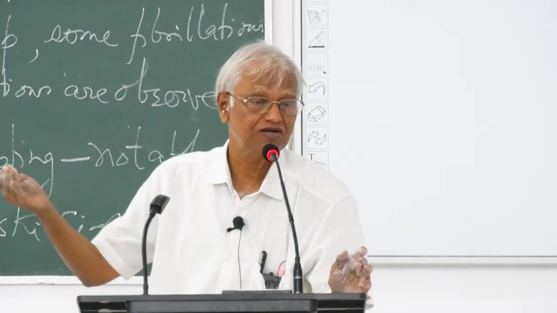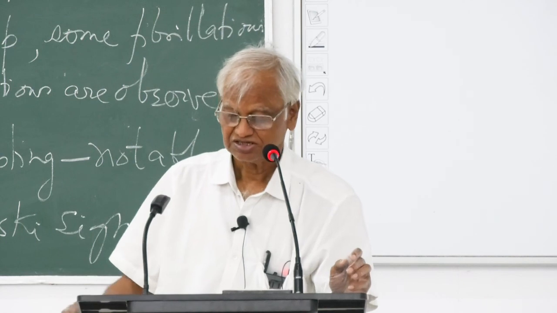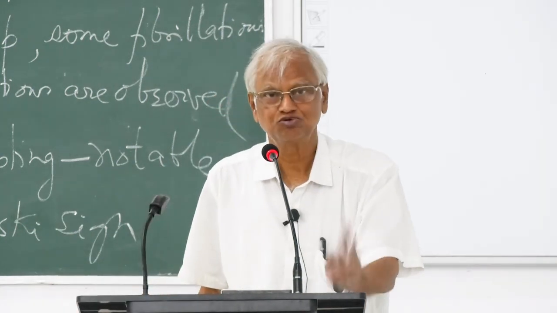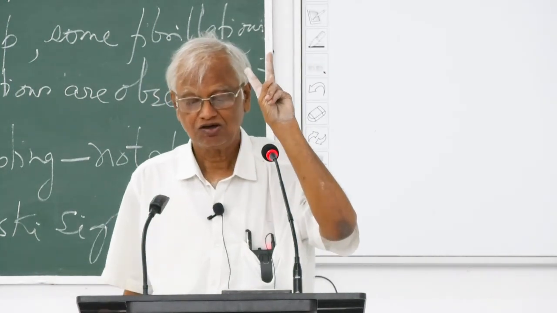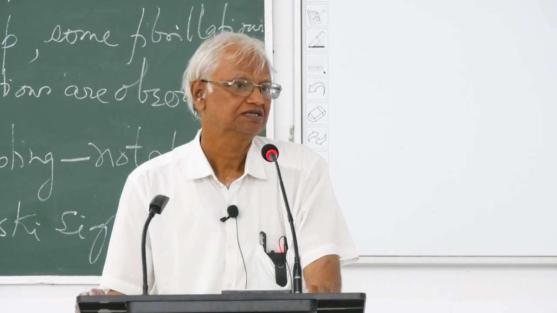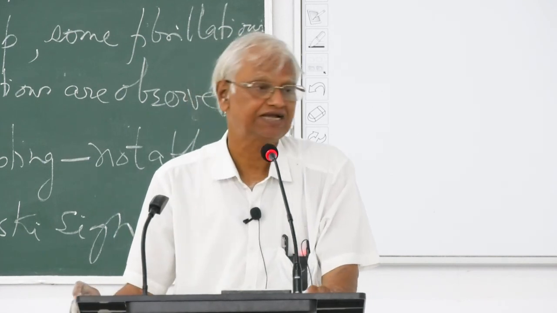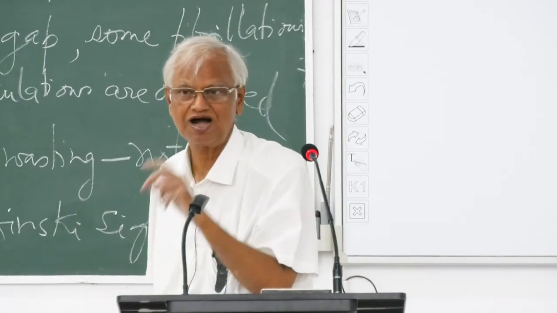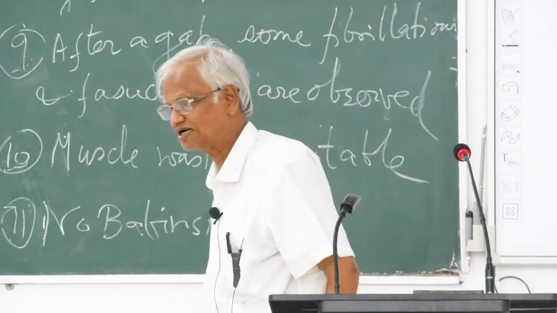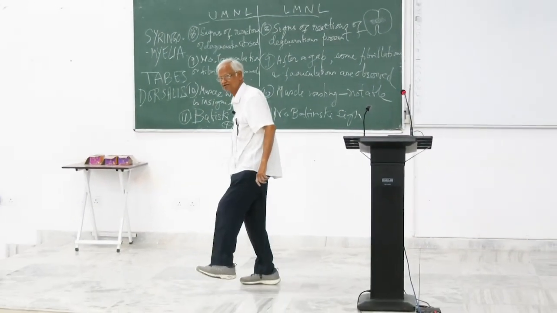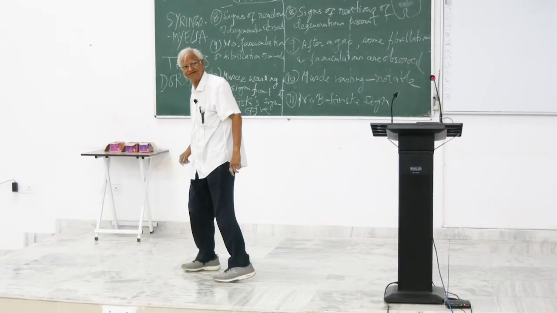Naturally there will be loss of muscle tone and loss of deep reflexes, and two important things: stamping gait and rhomboid sign. Stamping gait means when the person walks, he will walk like this. Did you follow?